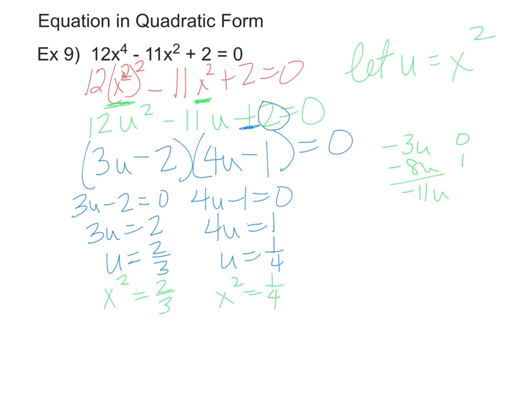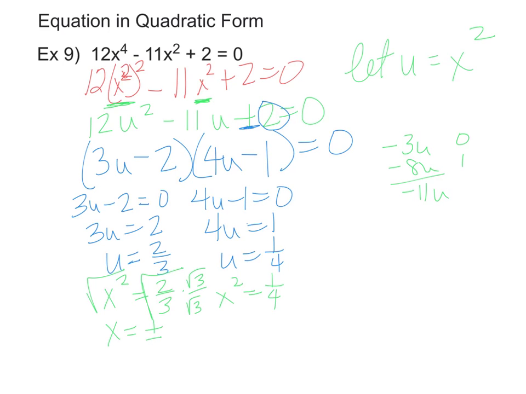Now you can use your square root property. Remember, anytime you make the square root symbol, you always have to write plus or minus. So this is really the square root of 2 over the square root of 3. If we rationalize that denominator, going back to our intermediate algebra days, right?